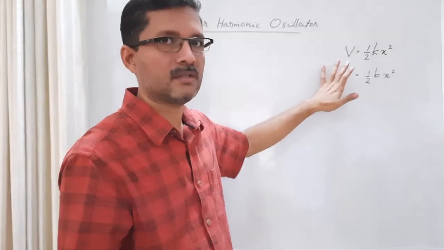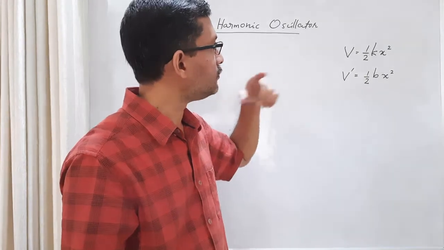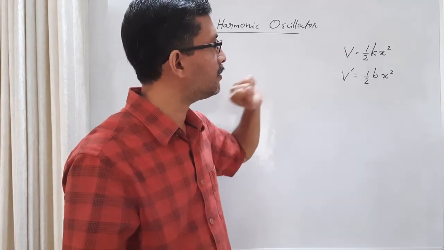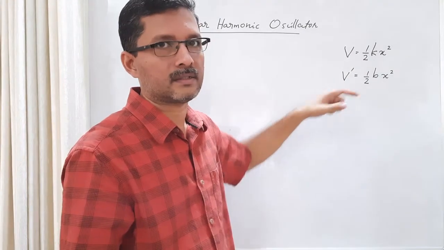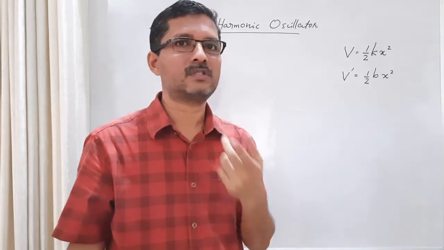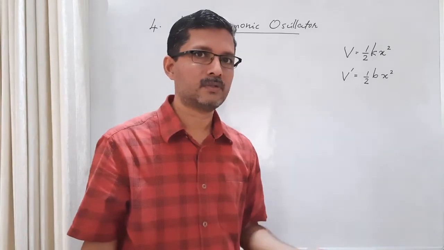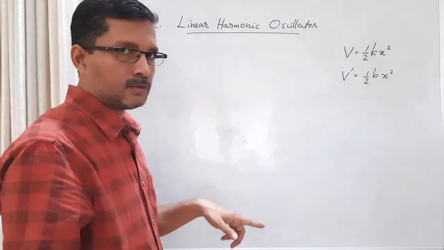The perturbation does not change the potential. So naturally we can expect that in this particular perturbation the approximation method will give you the exact result, just as we have seen in the case of applying a constant perturbation. So the approximation method should give you the exact result. That is what we are going to do here.